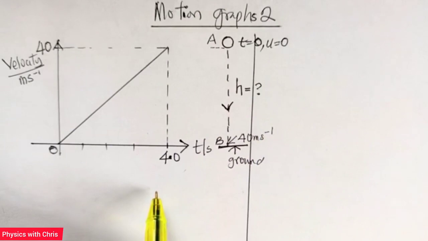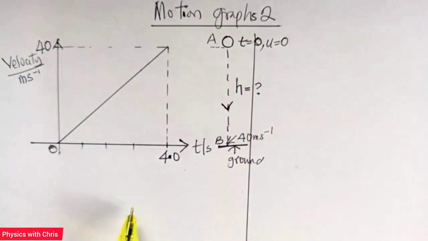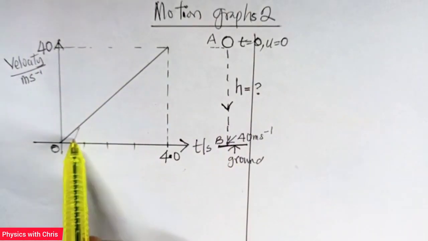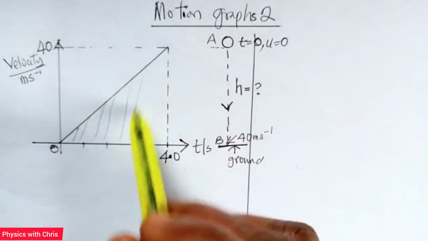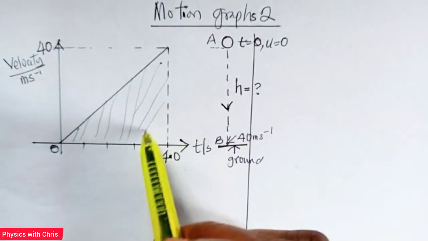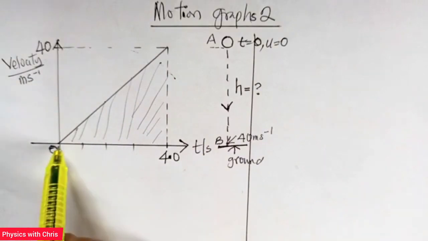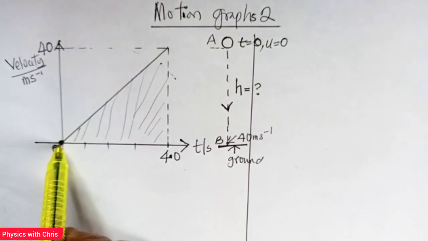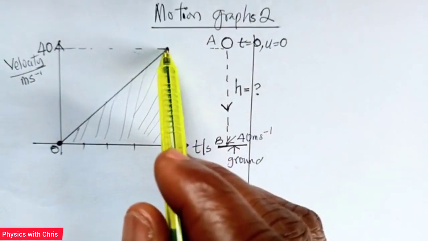Okay, how do we calculate the total distance fallen? Now, the distance fallen by the body is determined from the area under the graph, the shaded portion. So sometimes we can give you the graph and ask you to determine the distance fallen by the ball, because the ball starts falling at this point O, and where it hits the ground is this highest point on the graph.